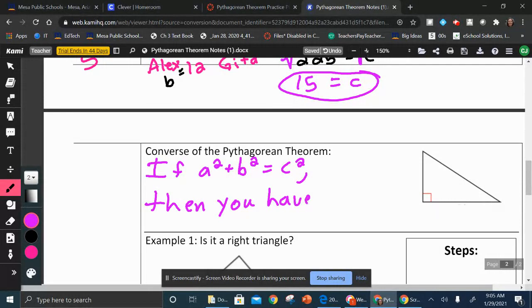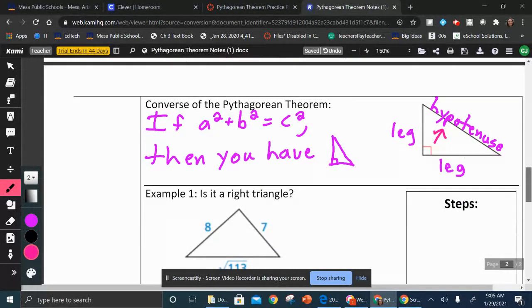Okay, so remember leg, leg, and this is the hypotenuse. Everybody remember it's always diagonally across from the right angle.